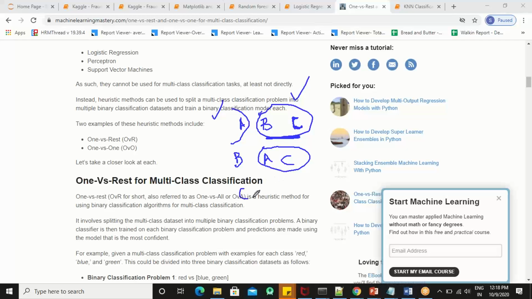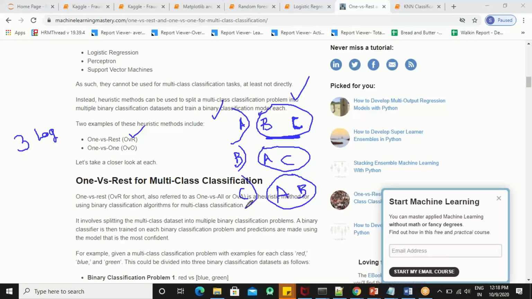Similarly, another model will be run where C is one and A and B are part of the other group. So if I am implementing a logistic regression and specifying that it's a multi-class classification with OVR, internally it will run 3 logistic regression models, guys, taking each class as the main thing.